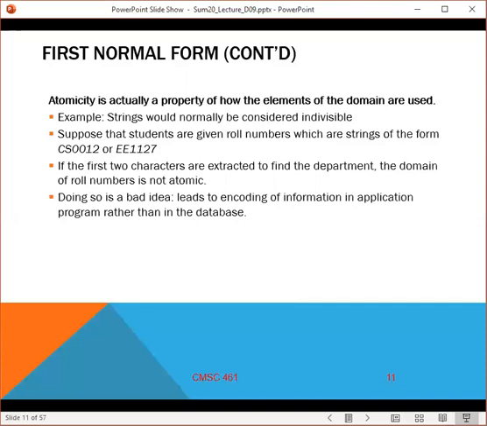We identify the primary key, then we remove the fields that have repeating groups and put them into a separate table with a key that we can use to join them to the original table. So we take them out of the original table and put them in their own table, and then put a key in the new table so that we can join it back if we need to. There are times when we want to get an instructor's phone number.